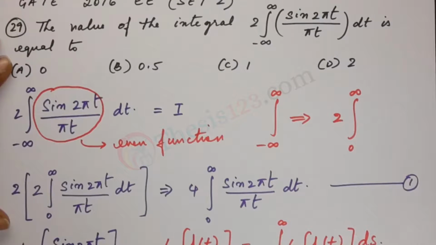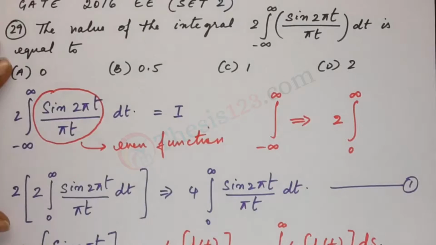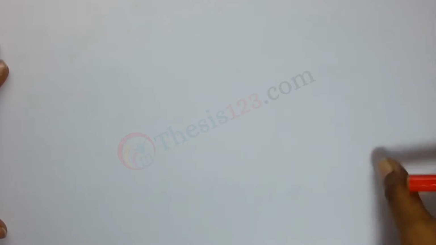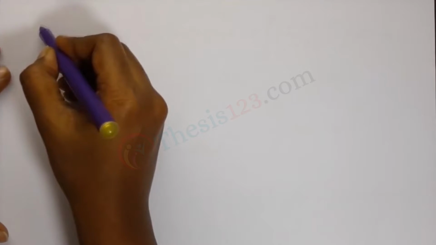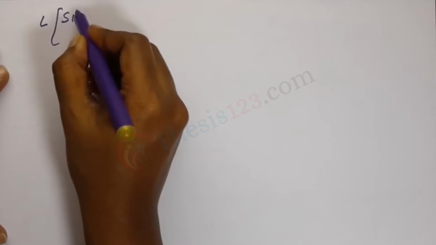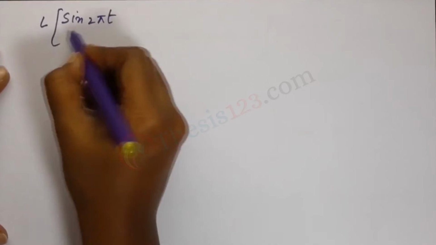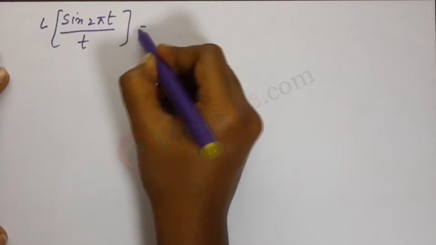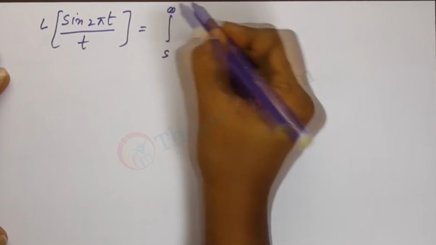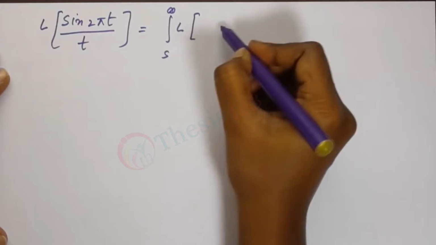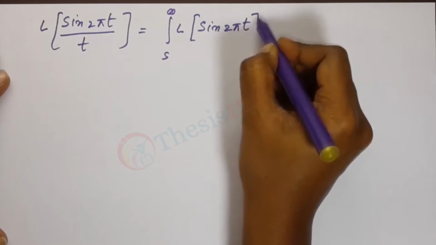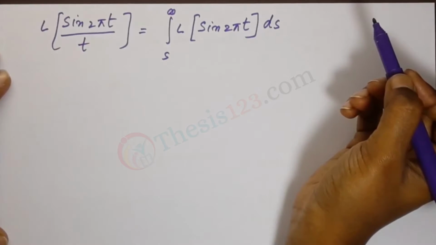Let me just take another sheet of paper and we'll continue. Alright, so now we have Laplace of sine 2 pi t by t. Using the formula, we write it as the integral from s to infinity of Laplace of f of t, that's sine 2 pi t, ds.